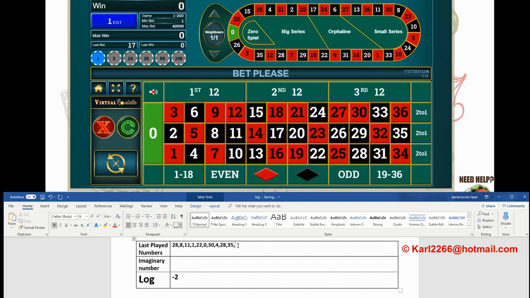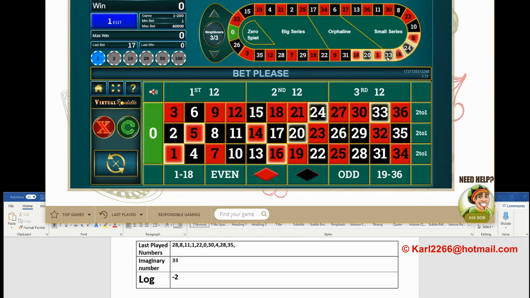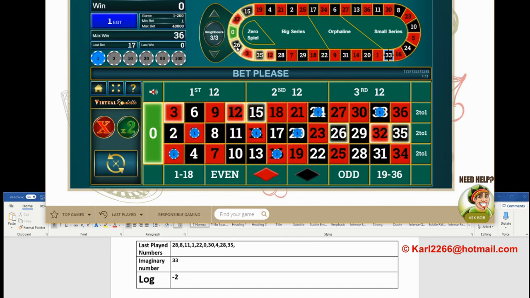So with 35 we know what we have to do. So we got a new imaginary number, which is number 33. So with 33 as imaginary number, we go place bets on 33 and the terminals from 33, which is actually just 26.